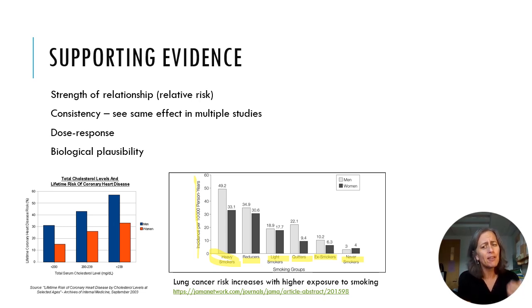So it makes sense that if you have higher cholesterol, you've got more of it around, and you're more likely to clog up your arteries and cause a heart attack. Makes sense. Biologic plausibility. We know that cigarette smoke has all types of toxins in it, many of which are carcinogens, or cancer-causing agents. So does it make sense that inhaling a lot of cigarette smoke over the course of your life would increase your risk of lung cancer? Yes, those things are biologically plausible. So that's another piece of supporting evidence.